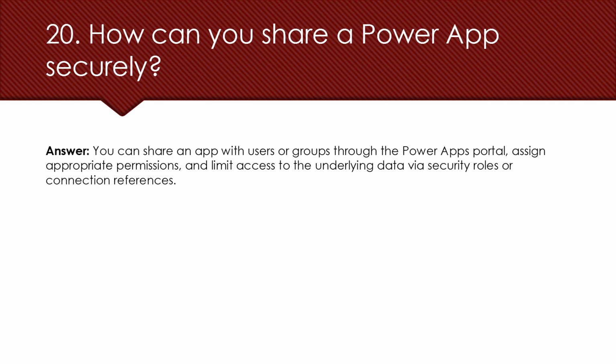Let's say some of the data can only be accessed by some of the users but not all. In that way we can share a Power App with different persons. We can also use security roles or connection references for that purpose.